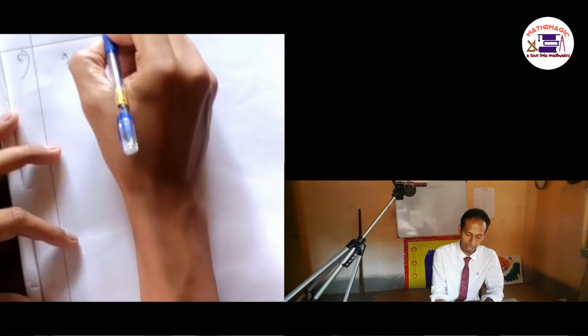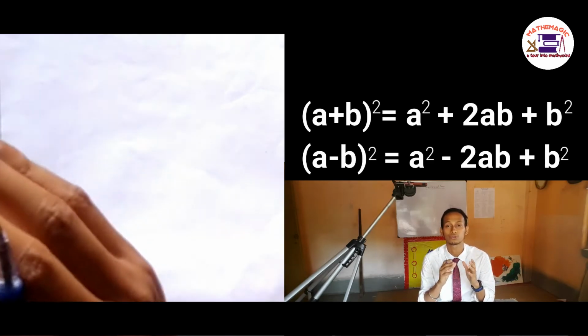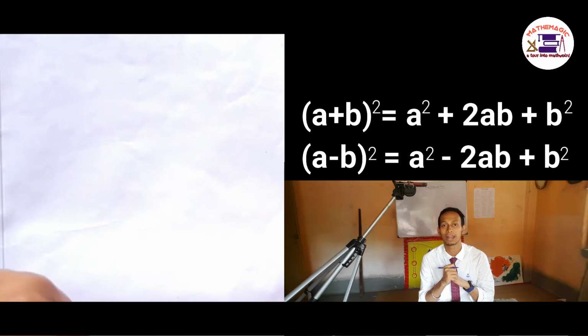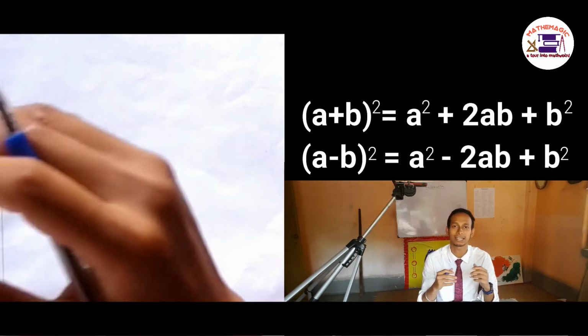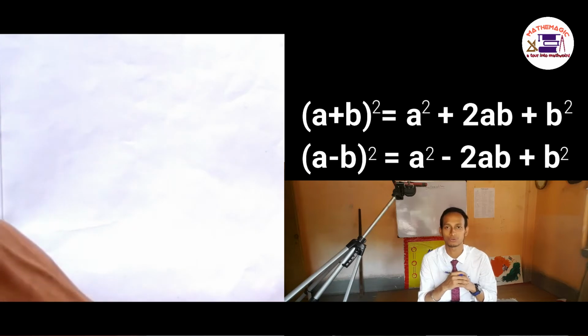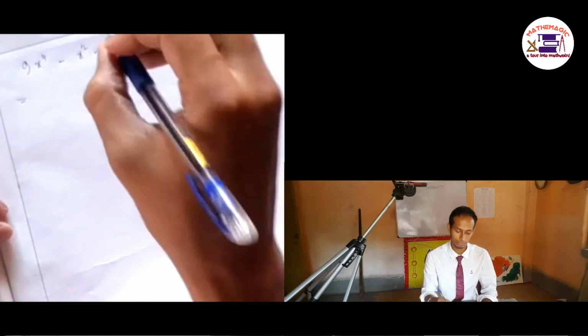Here also I want to remind you of one more identity that we have learned: a plus b whole square equals a square plus 2ab plus b square, and another one, a minus b whole square, that was a square minus 2ab plus b square. So that formula you can't see right now, but it will be applicable over here.